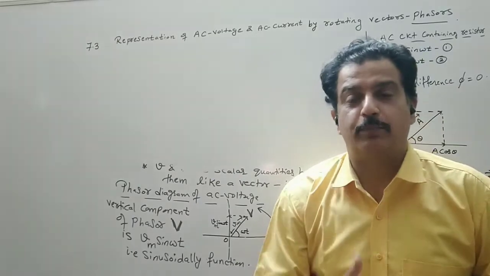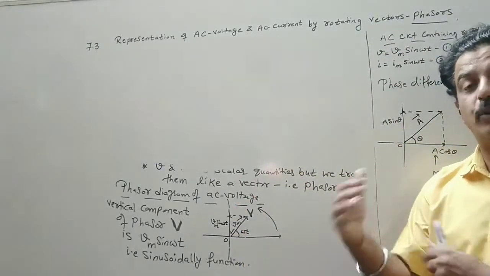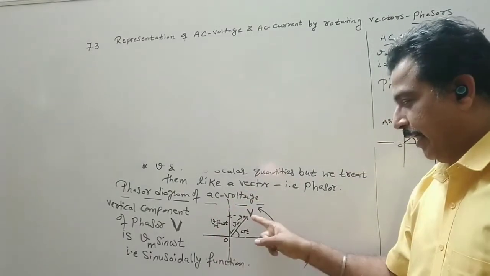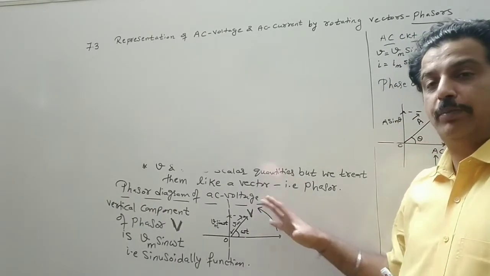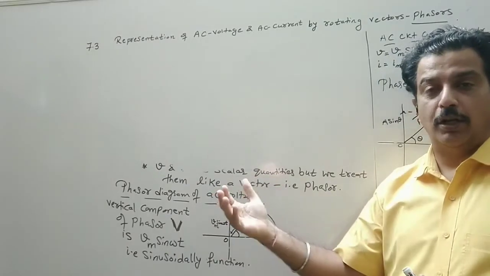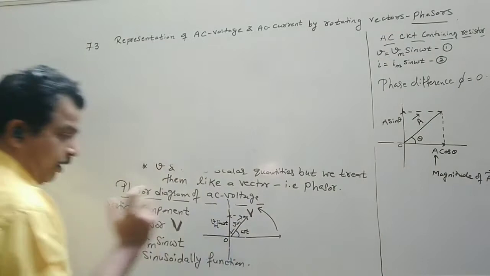That was the concept of an AC generator. So we studied in the AC generator how the polarity changes. So this vector keeps on rotating, and when this vector rotates, a graph will be formed, and that graph will be the graph of a sine or cosine. We will see. So this is the vertical component.